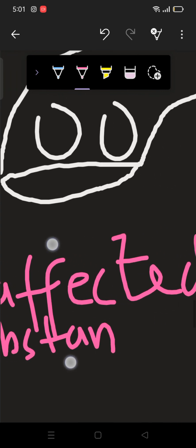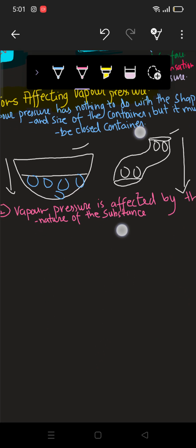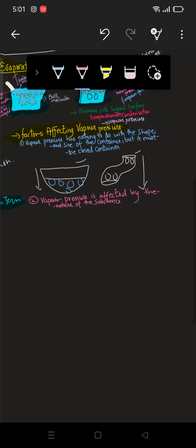It has nothing to do with the size and shape of the container. However, containers must be closed. The second factor says vapor pressure is affected by the nature of the substance, which means vapor pressure does not depend on the size and the shape of the container. However, it depends on the nature of the substance or the nature of the liquid present in the container, right?